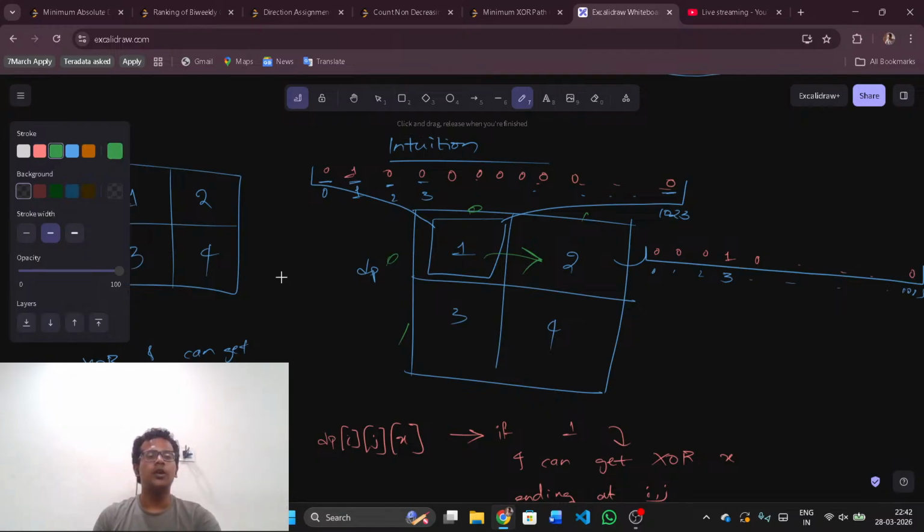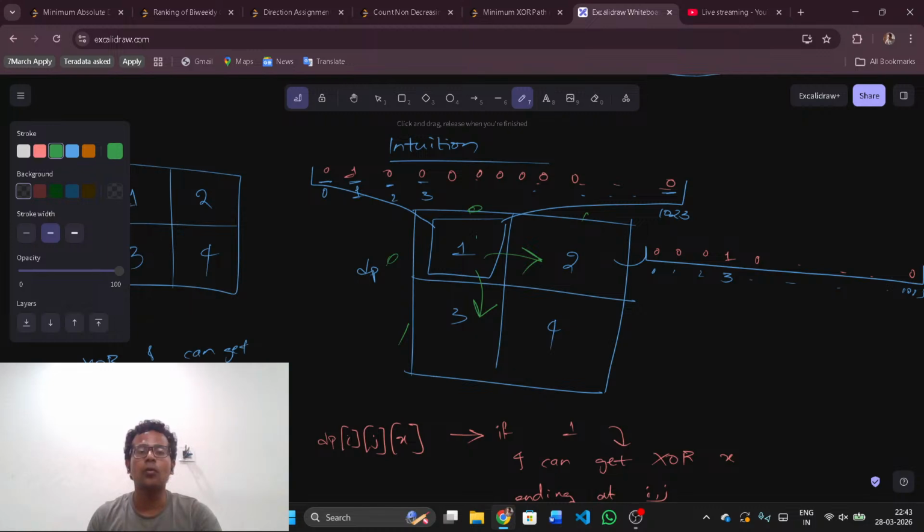Now, when I am here, I'll go through all the cells and check the top cell. I'll get the XOR from the top cell and I also get the XOR from the left cell. From the top cell, I got 1. Now let me tell you another thing.